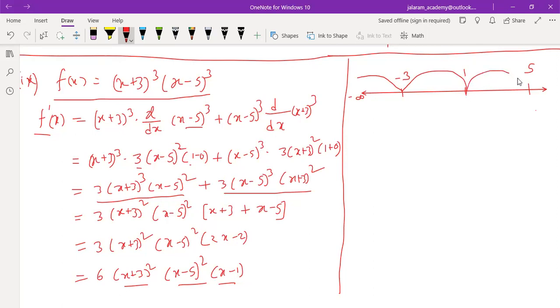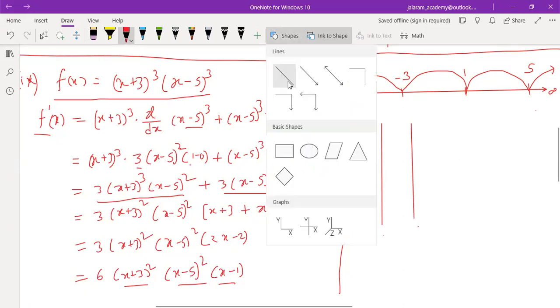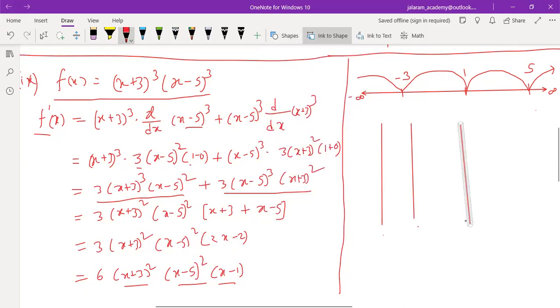Third interval, 1 to 5. And the final interval, 5 to infinity. So we have to check whether at which region the value of f dash x is positive and at which region it is negative. Is that clear to you?